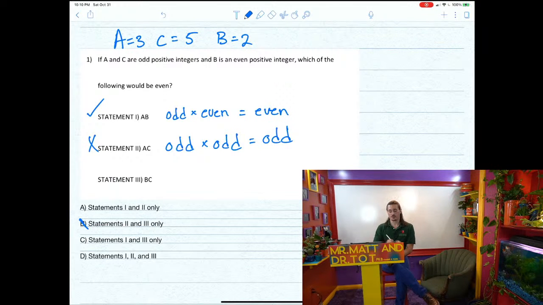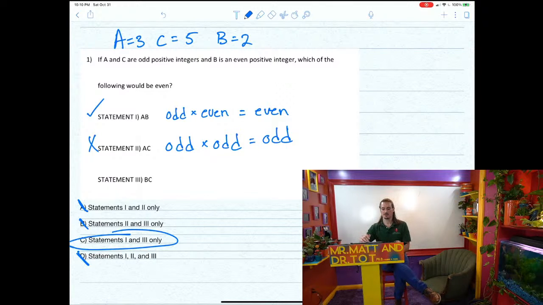But let's just go ahead and prove that statement 3 is true. B times C, so B has to be an even number and C has to be an odd number. An even times any odd will result in an even, so statements 1 and 3 are true.